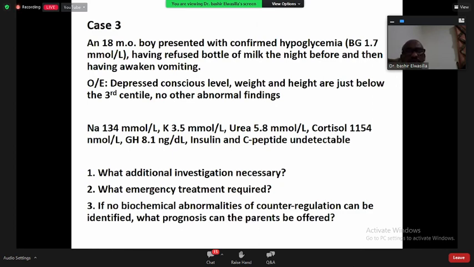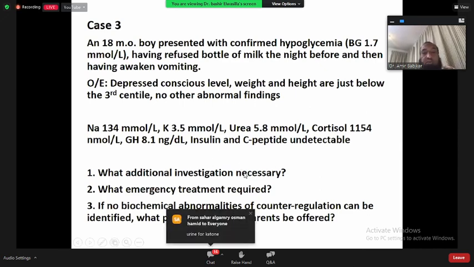You have here to give glucose, because the blood glucose is 1.7. You have to correct the hypoglycemia.